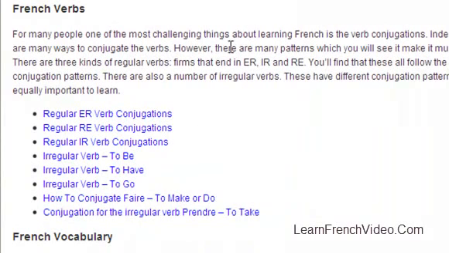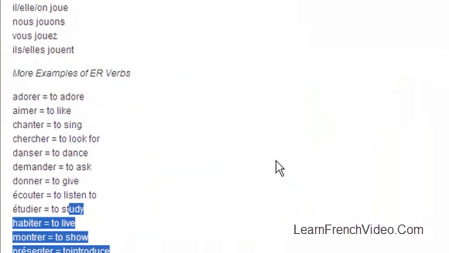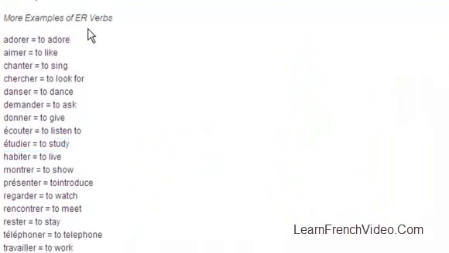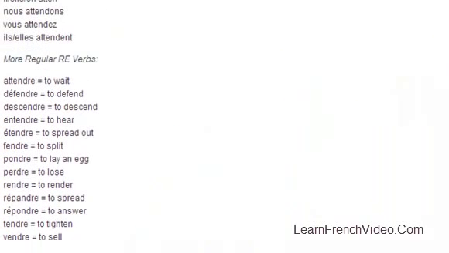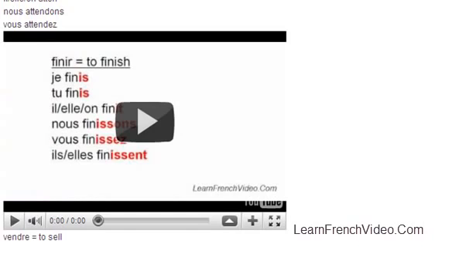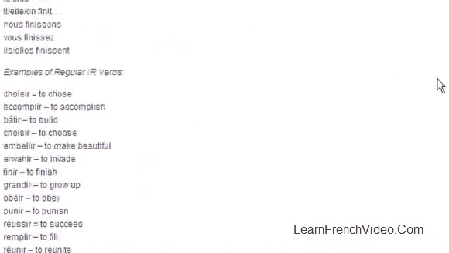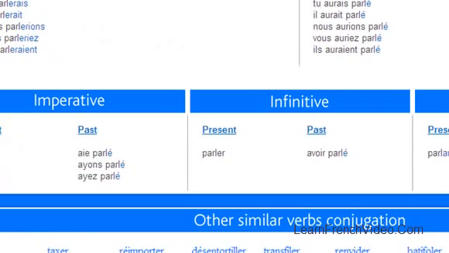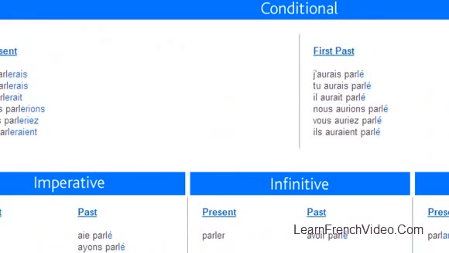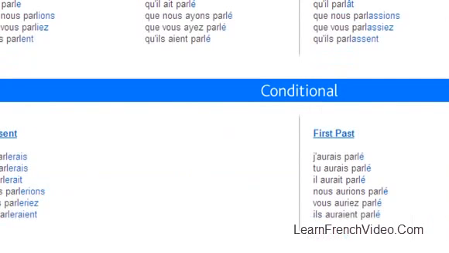You can click on those links, and you're going to see lists of common ER verbs in the present tense, and on common RE and common IR. So just scrolling down, you can see those. So you can basically copy-paste any of those verbs into the site, conjugation-fr.com, and you can learn how to conjugate them.